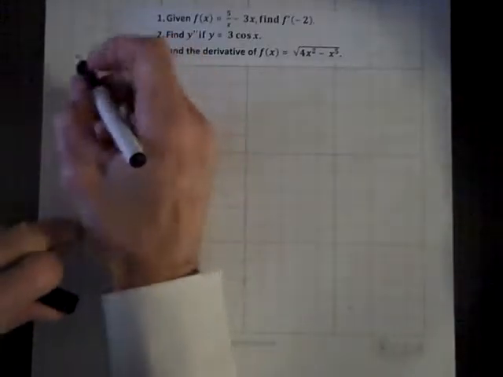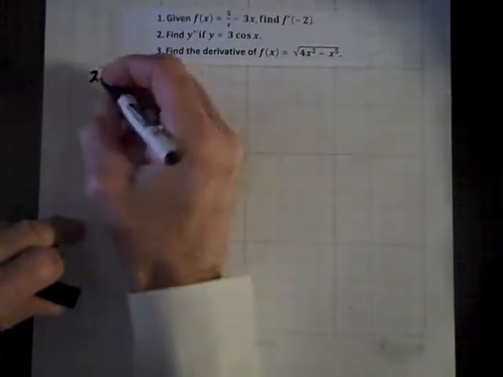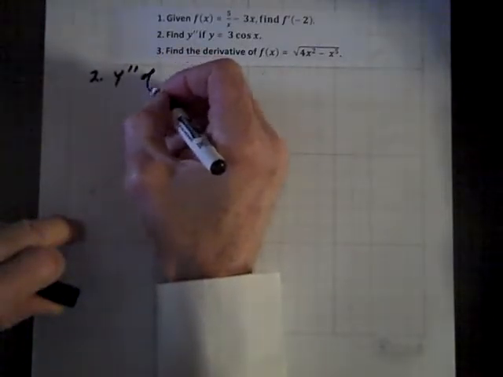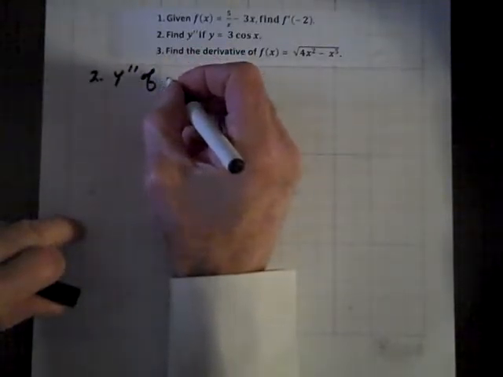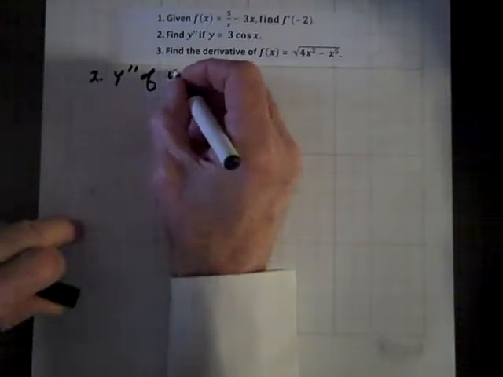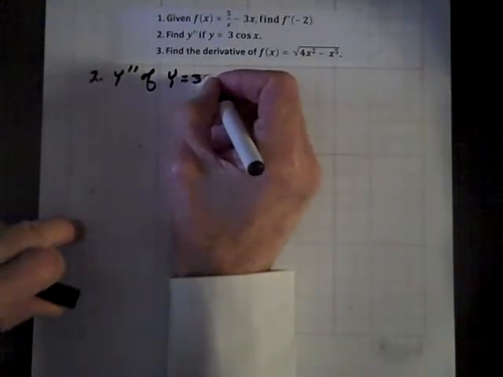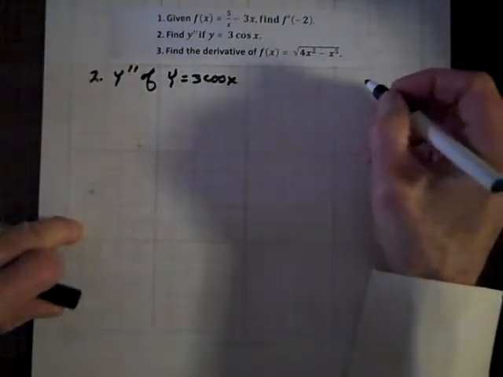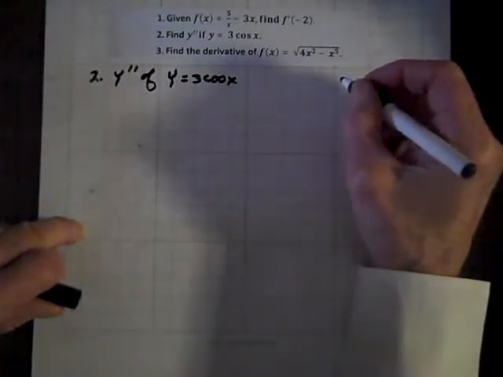Well, for question 2, we're charged with finding the second derivative of y equals 3 cosine of x. But before we do that, let's come up with a couple of identities.